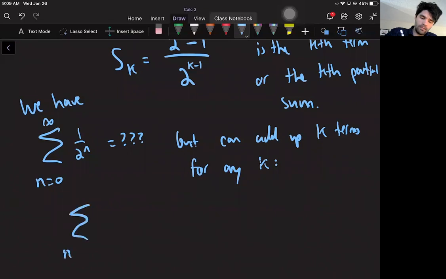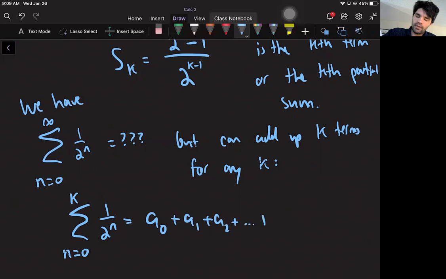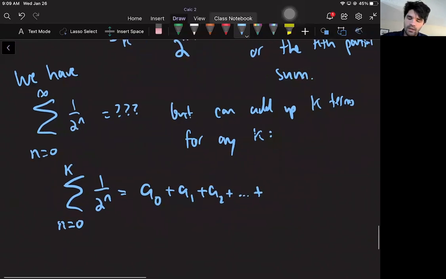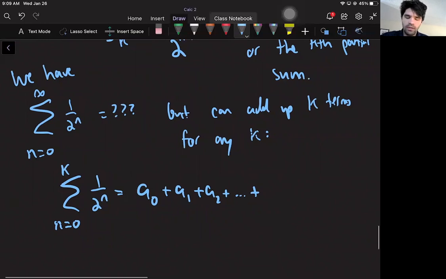That just means instead of putting an infinity up there, put a K up there, because that's what I'm adding up to. Because that just means A0 plus A1 plus A2 plus ... plus, and then in between, we don't know how far to go, so we put that ... but we don't just leave the ... as if it were infinitely many terms.